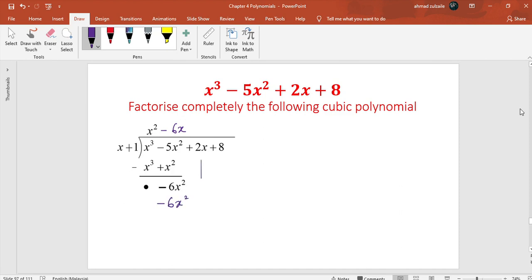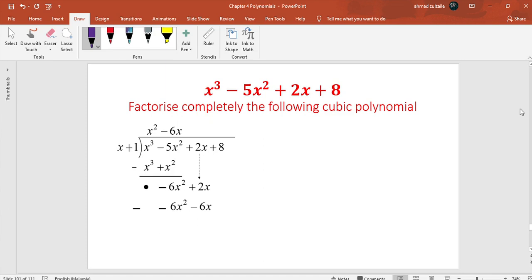Bring down the 2x, then negative 6x multiplied with 1 gives negative 6x. So I have negative 6x squared minus 6x.